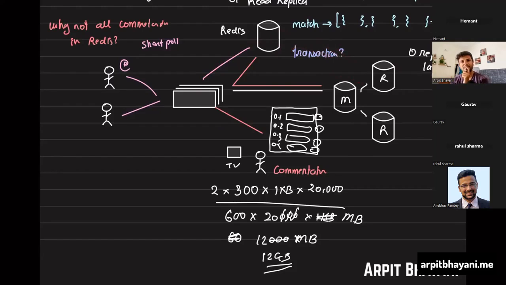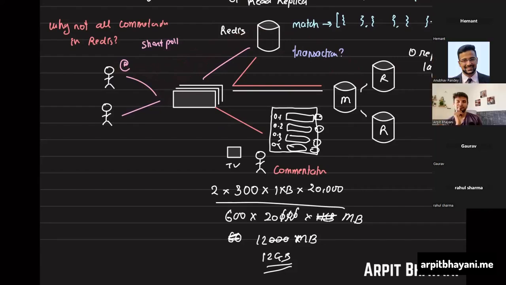All the reads are happening through Redis only. That's not a problem. So every time Redis evicts an entry, because we were storing only the last 15 balls, the 16th ball goes to memory, and it happens asynchronously.